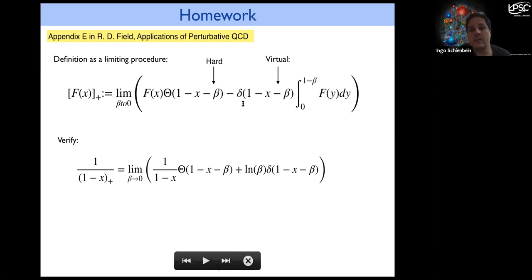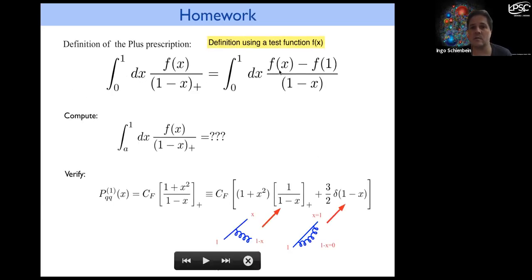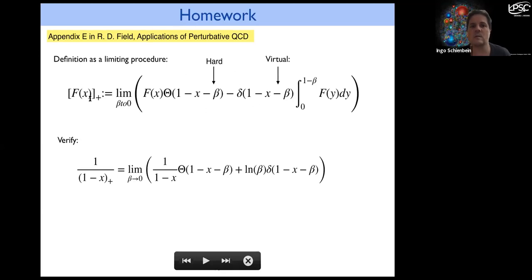And then you have the virtual diagram, again, somehow regularized. Those are the contributions, how you would actually add them together. And then in the limit of beta to 0, you would get the plus distribution. This form is useful in certain calculations when you want to calculate, for example, the convolution of two plus distributions. With the first definition, you won't get far. But if you use this definition, you can actually evaluate it.